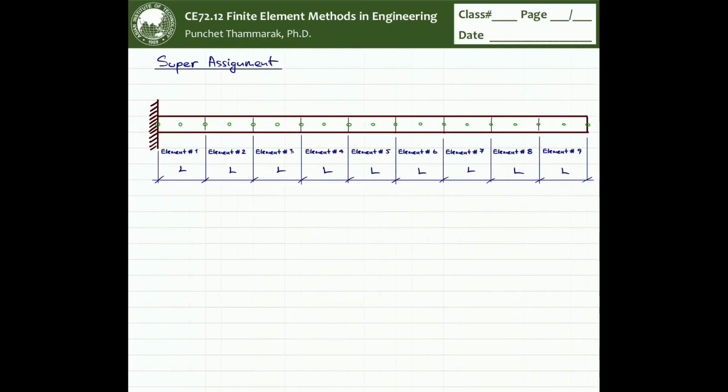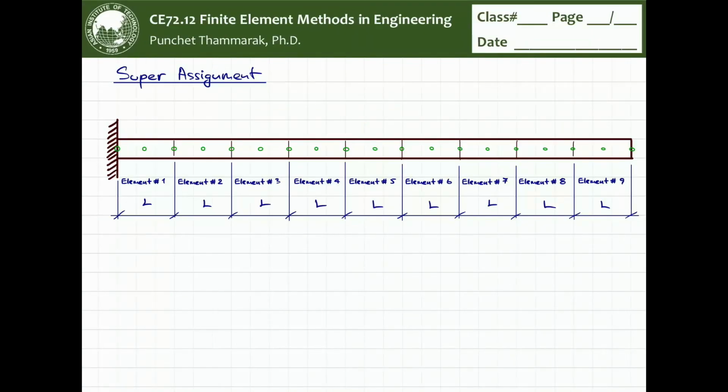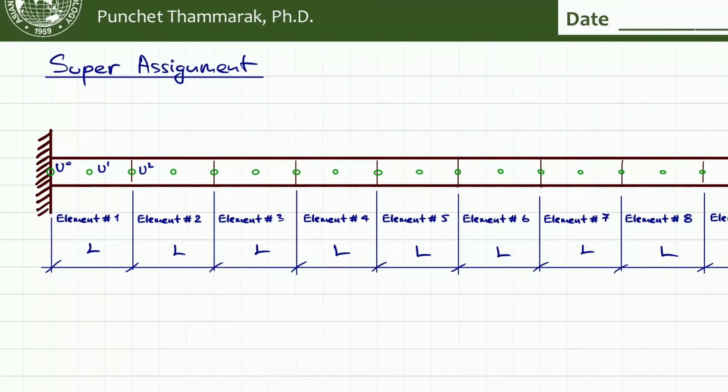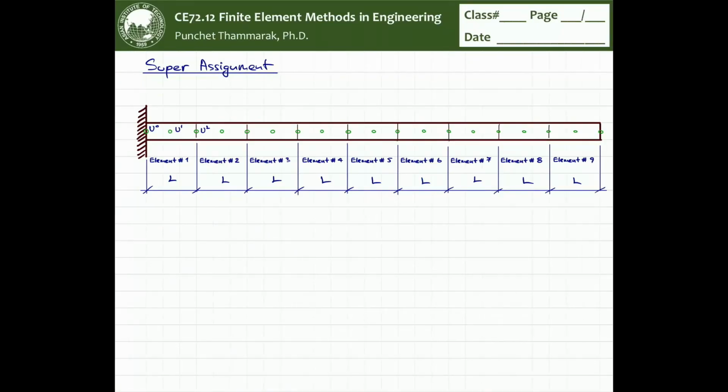Okay, 9 elements. So you start from the U0, U1, U2, so on and so forth. We have some special thing.